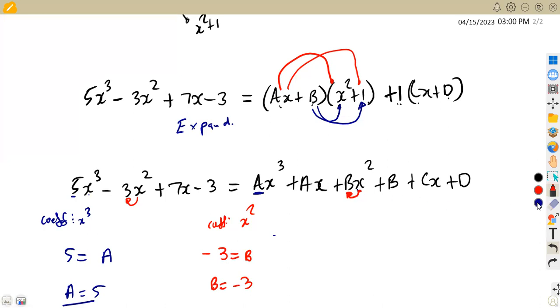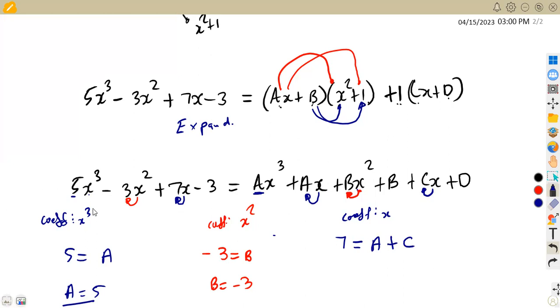The same thing, we move on to the coefficients of x. On the left-hand side the coefficient of x is 7, which is equal to the coefficient of x on the right-hand side. We have a, and the other coefficient of x on the right-hand side is c, so this is a plus c.